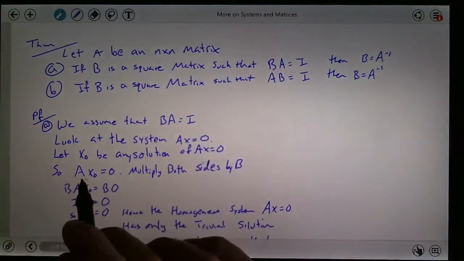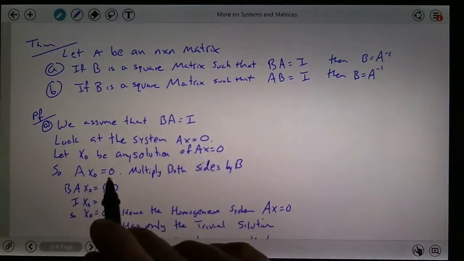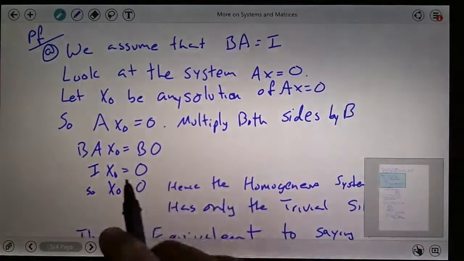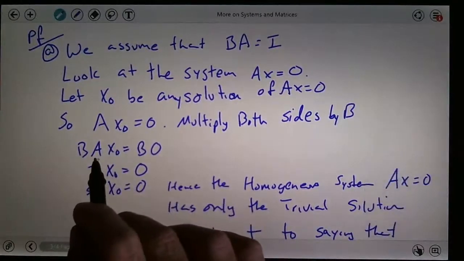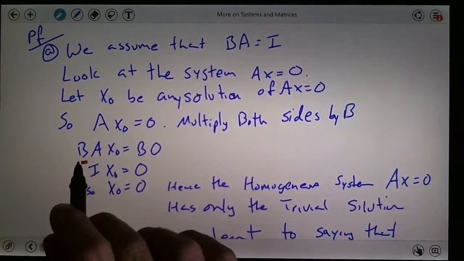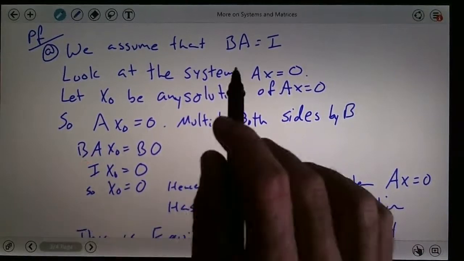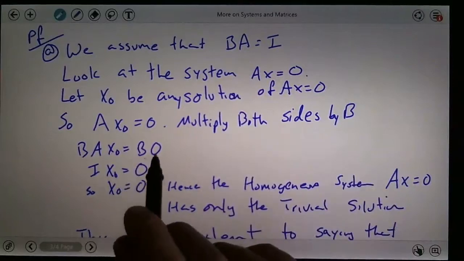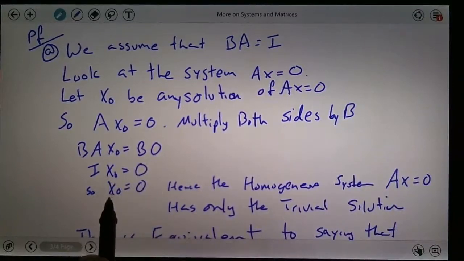Because it's a solution, we know that if you plug it in, that's a true statement. Now multiply both sides by B, and we get B A x0 equals B times 0. The B times A here, well, that's I. That's what we assumed that we had. And B times 0 is 0. I times x0 is just x0.